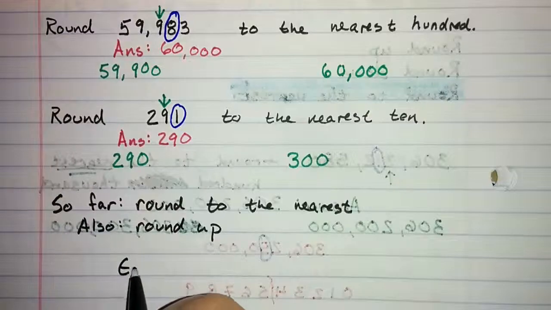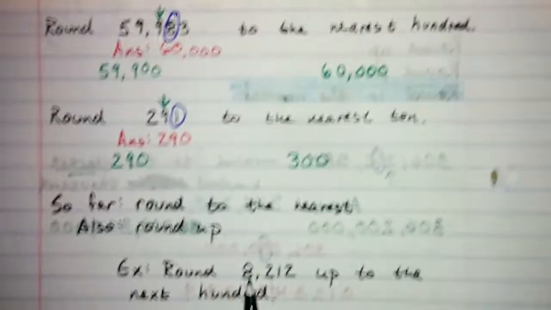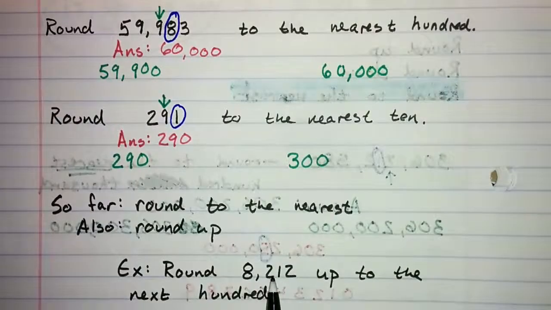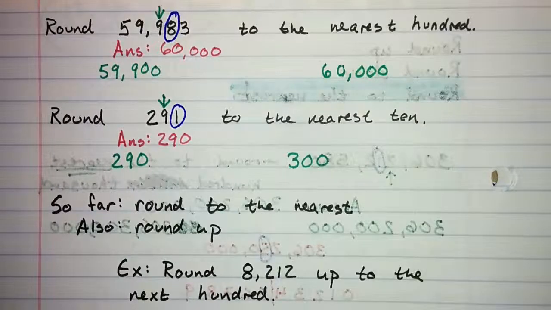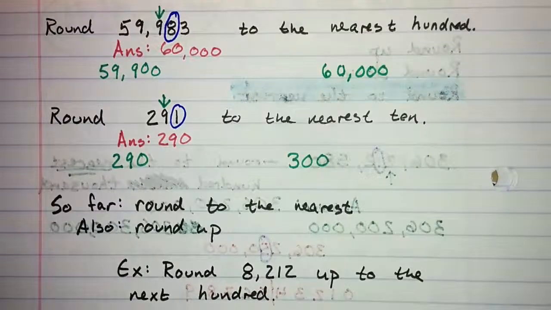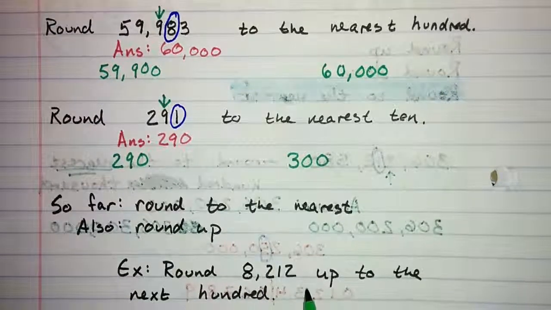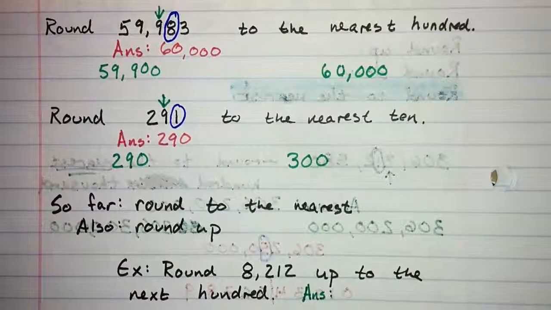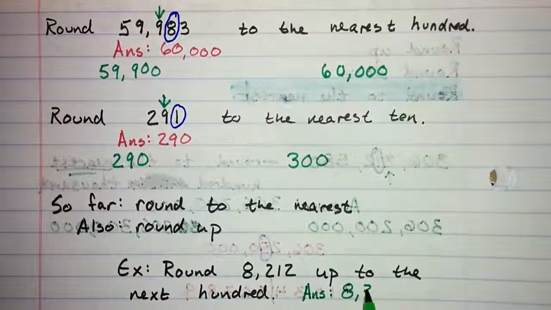So for example, if we want to round 8,212 up to the next 100, well, 8,212 is between 8,200 and 8,300. The next 100 will be 8,300.